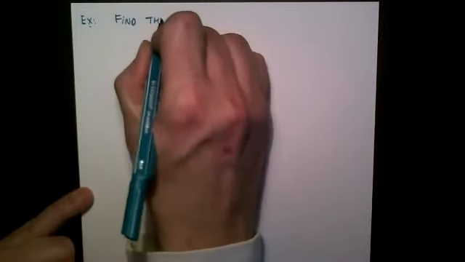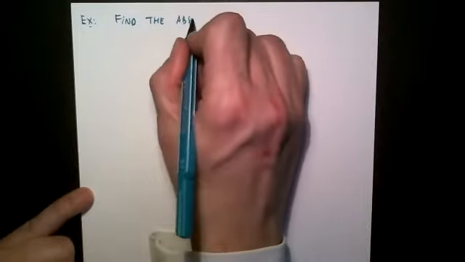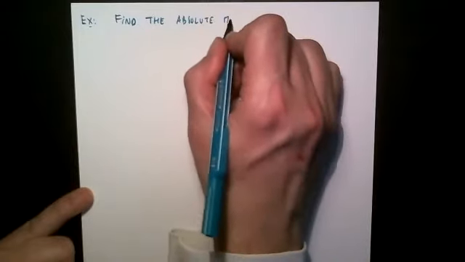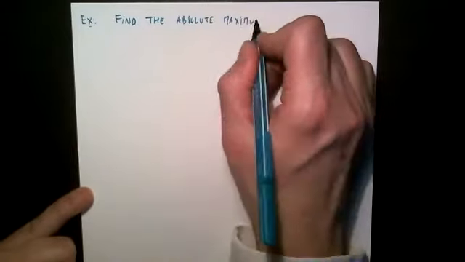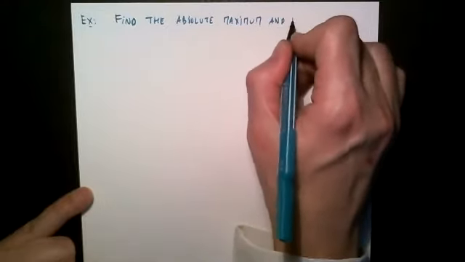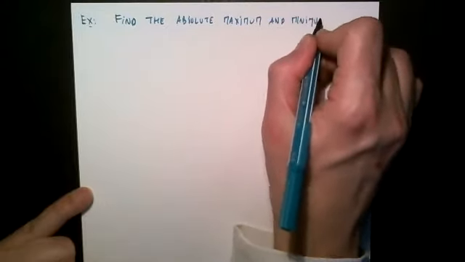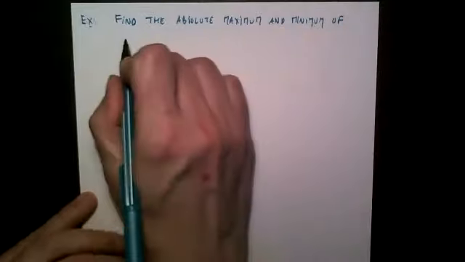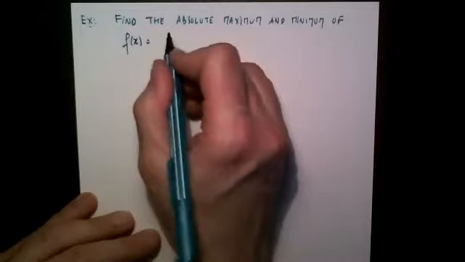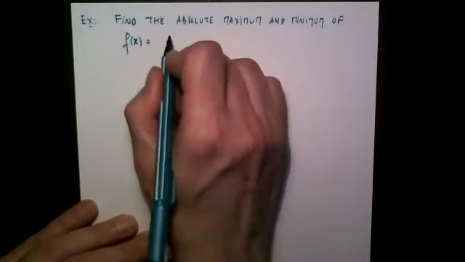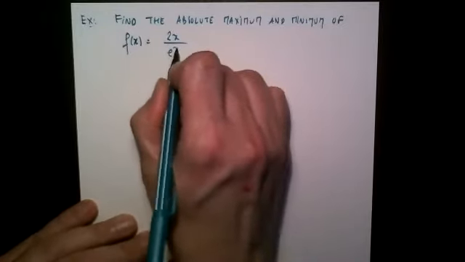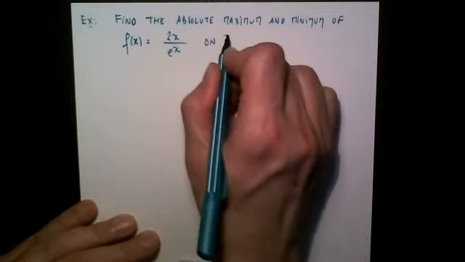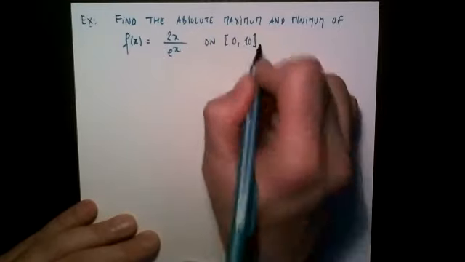Find the absolute maximum and minimum of f of x equals 2x over e to the x on the interval 0, 10.